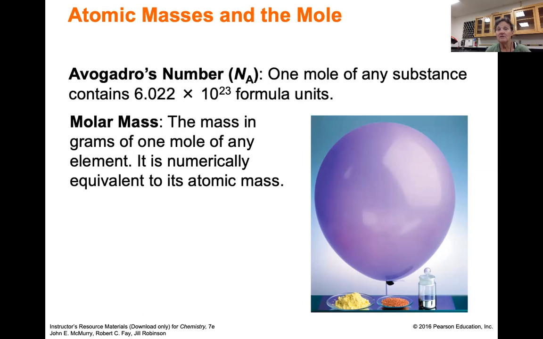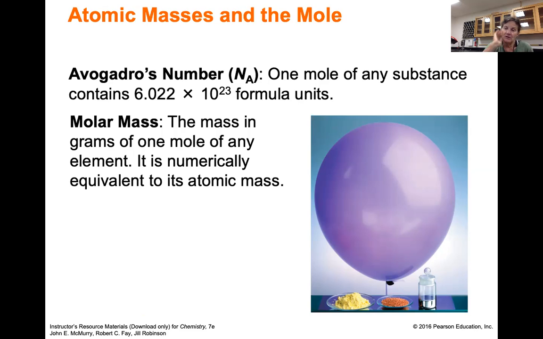So 1 mole of a substance contains 6.022 times 10 to the 23rd formula units. So that's Avogadro's number, 6.022 times 10 to the 23rd. The molar mass in grams of 1 mole of any element.